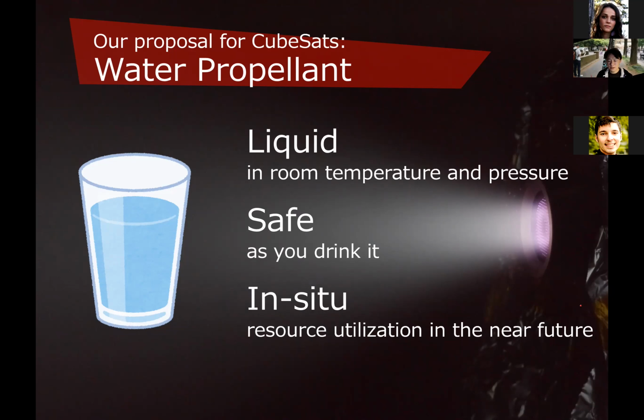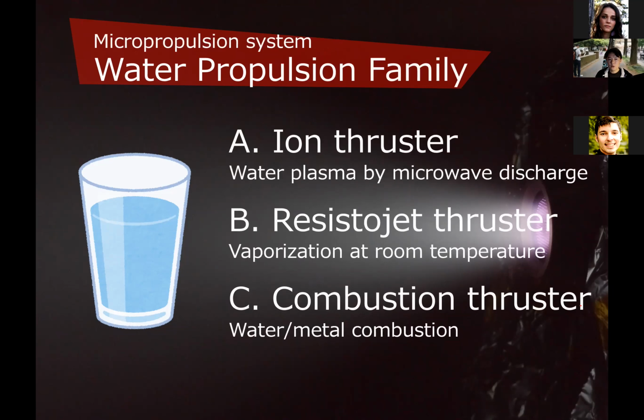In that case, water becomes a very attractive propellant. So now we are studying a water ion thruster, a water resistojet thruster, and also water combustion thrusters. And of these three thrusters, for the first and the second, we are developing propulsion systems.